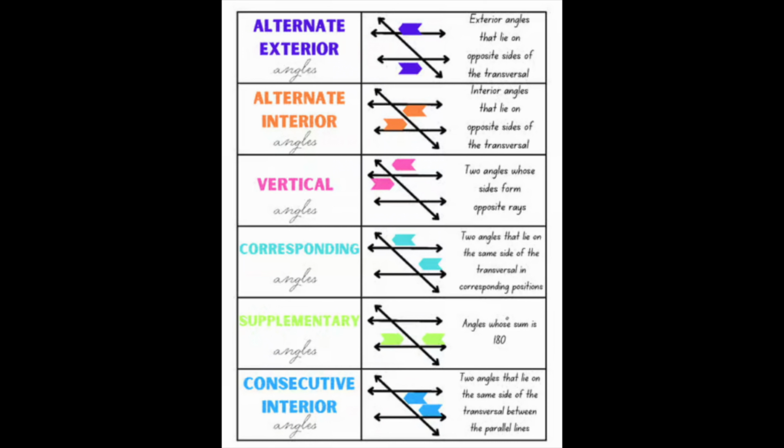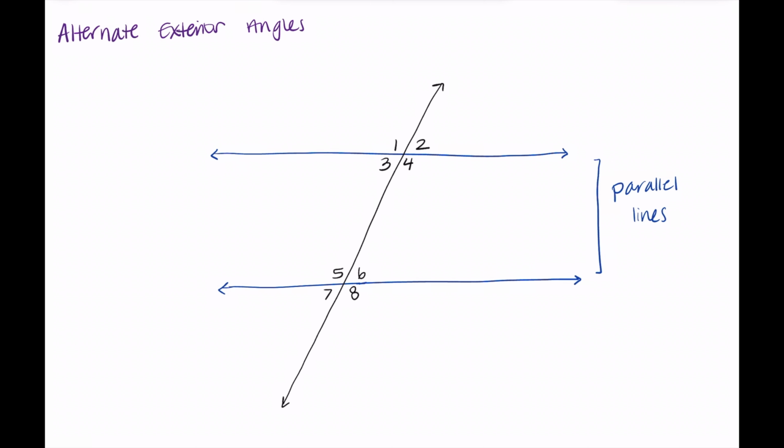Looking at our original visual diagram now, we still have our two parallel lines and our transversal, and let's start with alternate exterior angles. I'm looking for angles that are outside of our parallel lines and on opposite sides. So angle 1 and angle 8 are alternate exterior angles, as well as angle 2 and angle 7. Those are our two alternate exterior angles for this example.